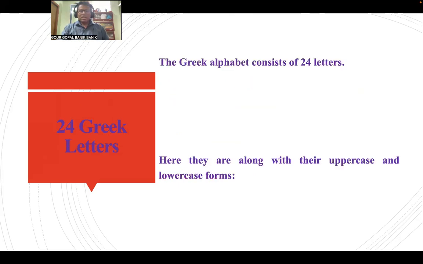Remember, in the Greek alphabet, dear students, there are 24 letters altogether. Here they are along with the uppercase and lowercase. I'll be showing you. It's not in any way connected to a chapter of trigonometry, but what's the harm if you see the letters so that you can remember that theta is the eighth letter, but altogether there are 24 letters in the Greek alphabet.